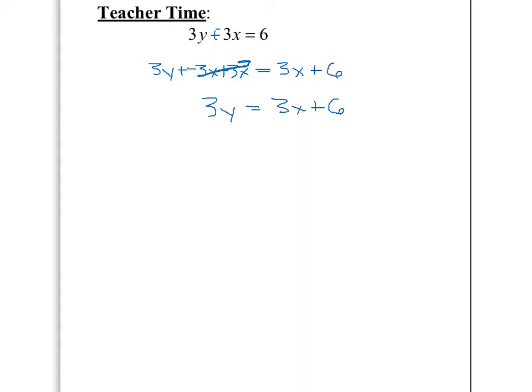What is the next thing that I need to do, Cassandra? So I'm dividing by 3, and then... And so how does this division happen? Does it just happen to the 3x, or does it just happen to the 6?